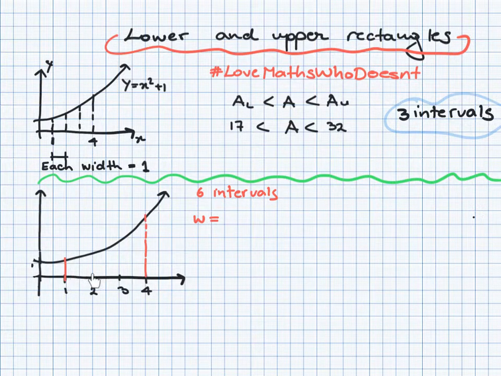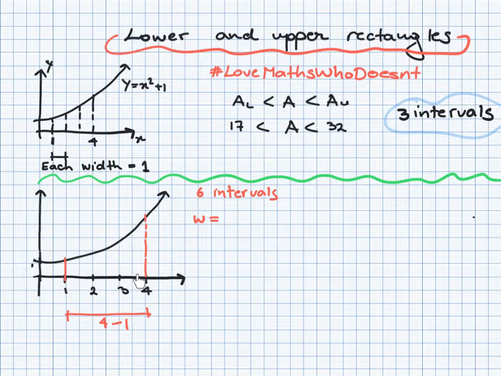First we have to find what this length is. If this is 4, this is 1, so the length here is 4 take away 1. From 0 to here is 4, but we don't have all of that, so this part is taken away. That's why we say 4 take away 1.